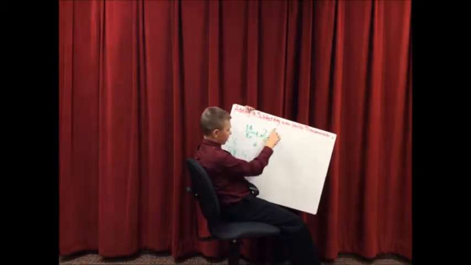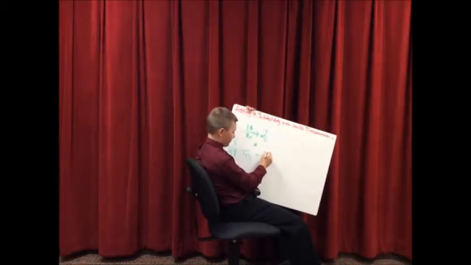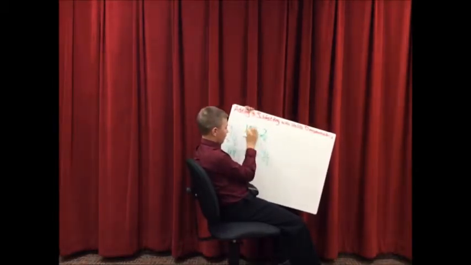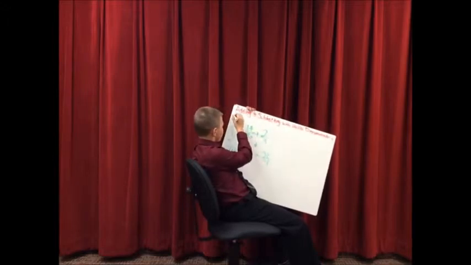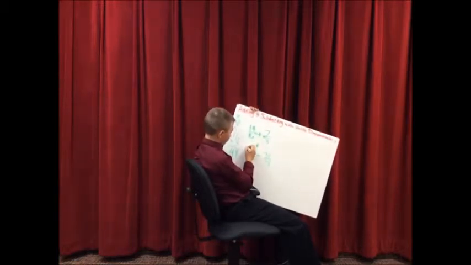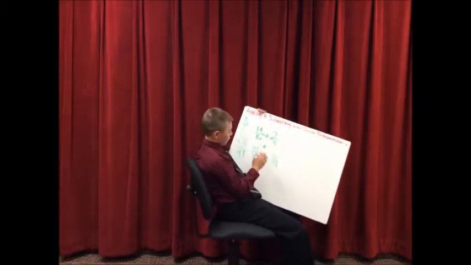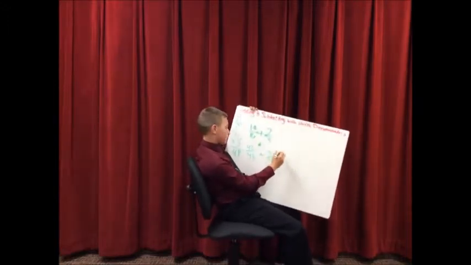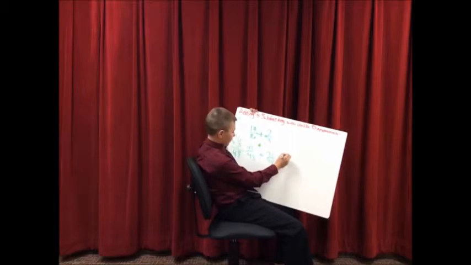16 times 2 is 32. 3 times 14 is 42. When you add those together, you get 74 over 48.